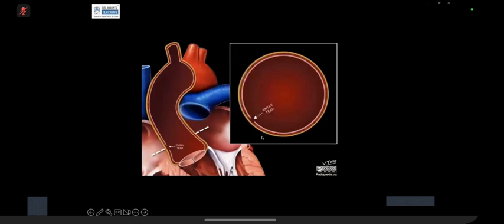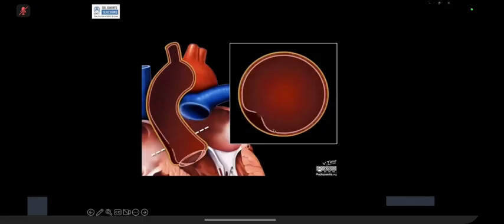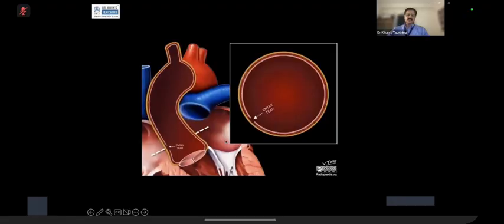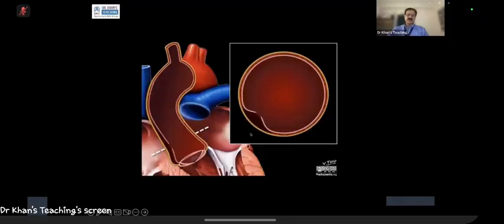So, how does dissection happen? There will be an entry tear, a tear of the intima, and then, as you know, look here. This is diastole and systole.